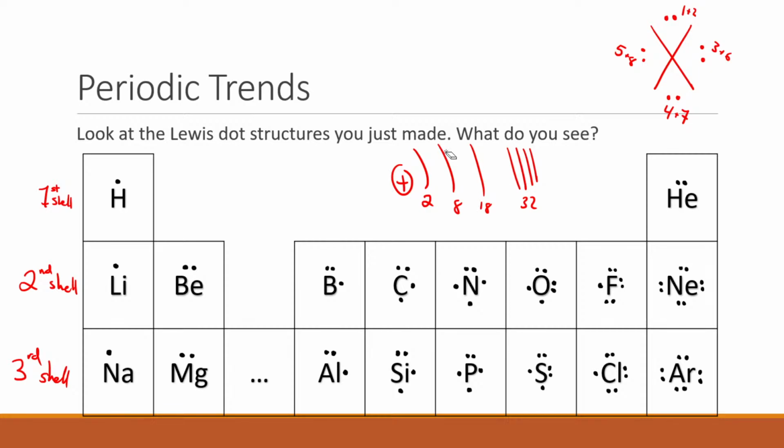And so if we specifically focus in on helium, helium has filled its shell. It has 2 out of 2 electrons. These two, beryllium and magnesium, have 2 of 8.